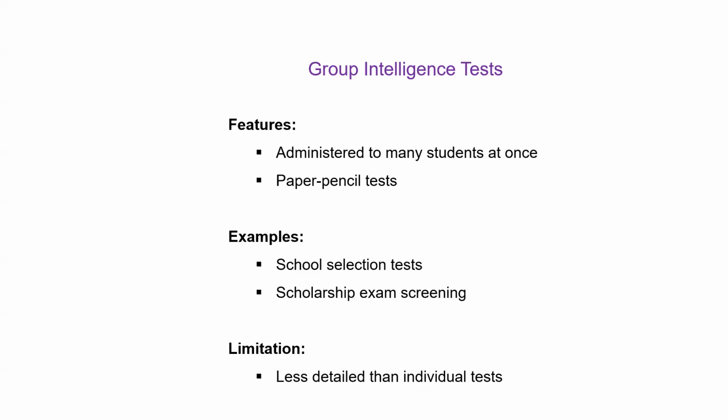This is a paper pencil type of test. For example, the school selection test. We give them for school selection, scholarship exam screening in order to give them better schools, like that. Less detailed than individual tests.